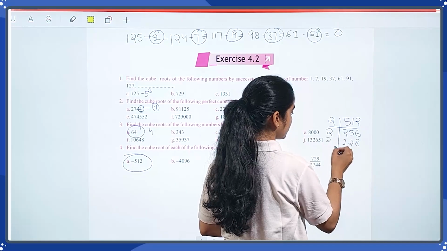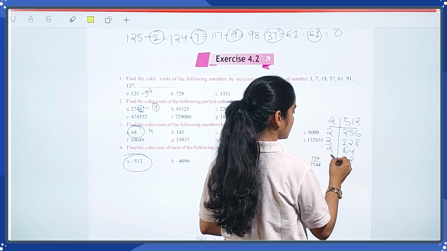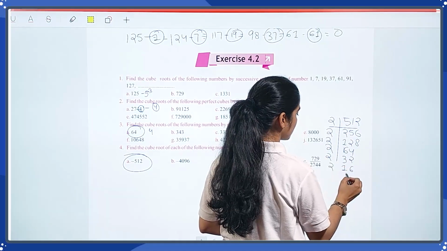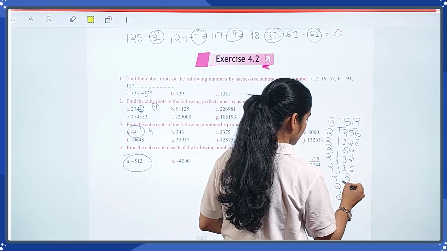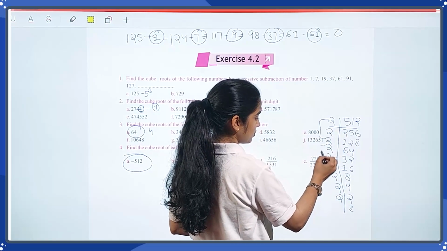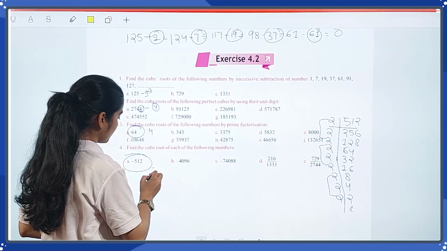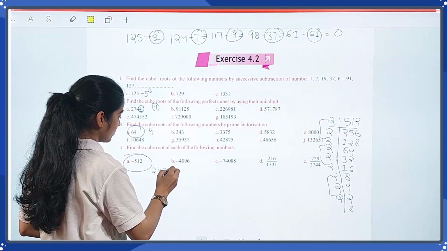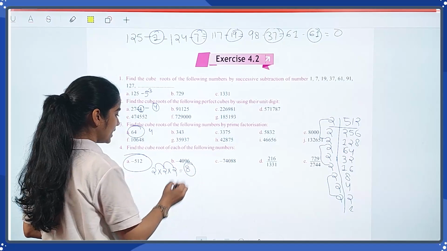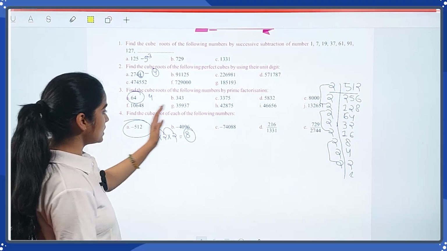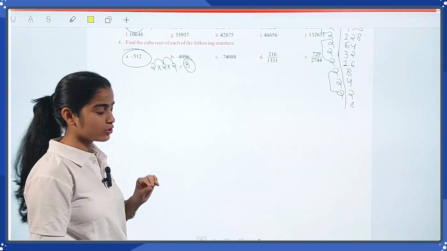We get three triplets of 2, 2 multiplied by 2 multiplied by 2. 2 twos are 4, 4 twos are 8. So the cube root is 8. In that way you have to solve the rest of the questions. Okay. With that you have completed your exercise 4.2 as well.